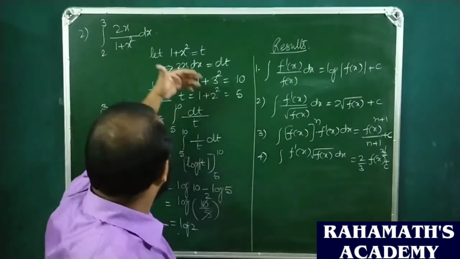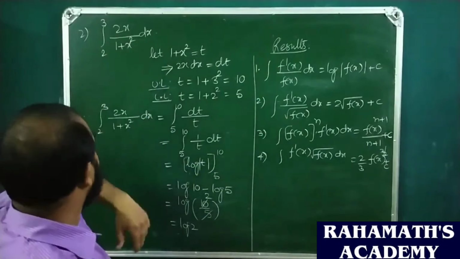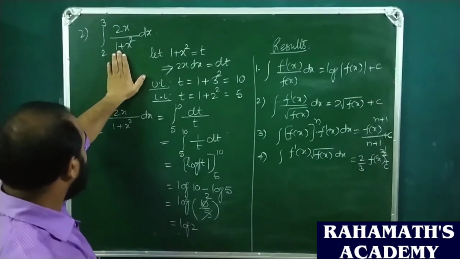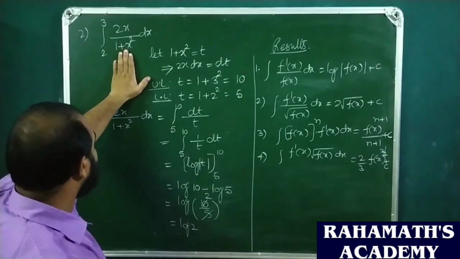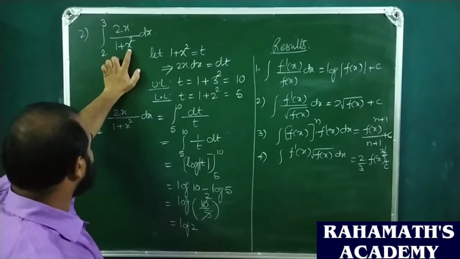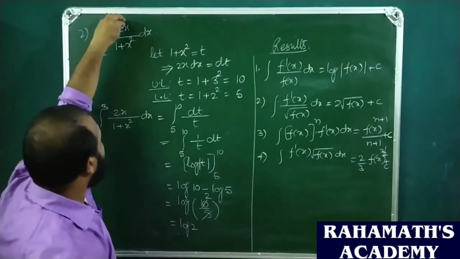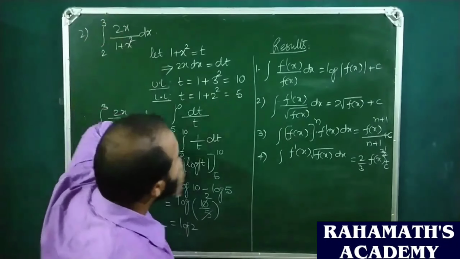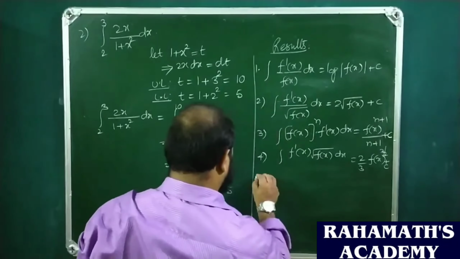Directly we can deal with this problem using the result also. See, this 1 plus x square is treated as f of x. What is the derivative of this? The derivative of 1 is 0, and of x square is 2x. So it is f dash x by f of x. What is the integral of f dash x by f of x? It is log mod f of x.